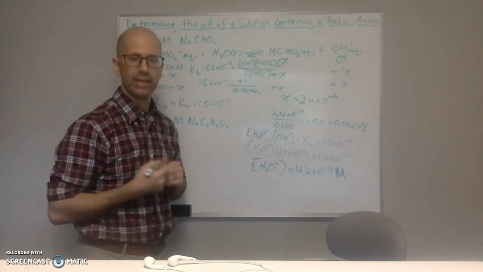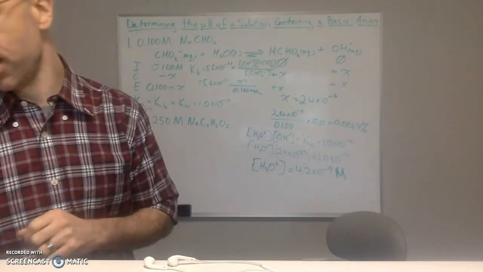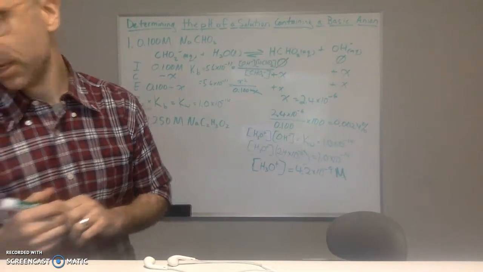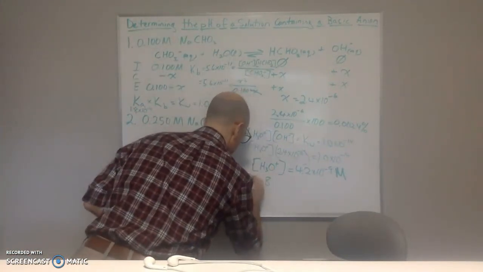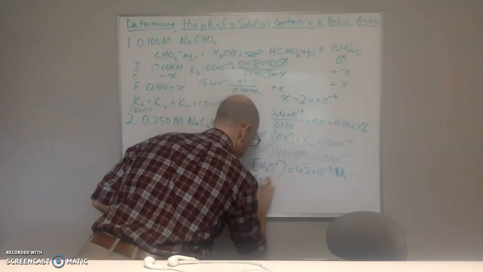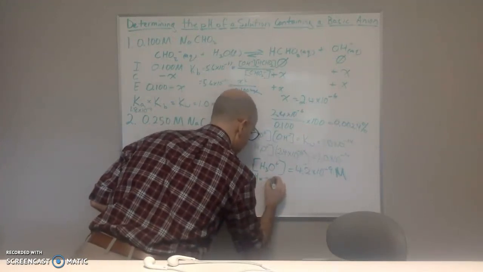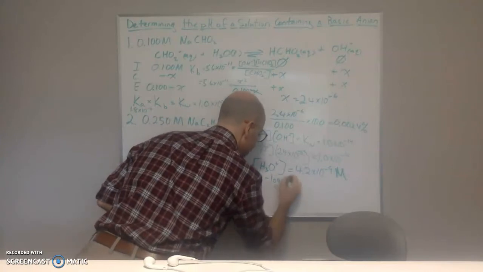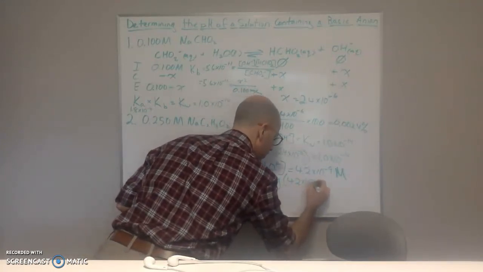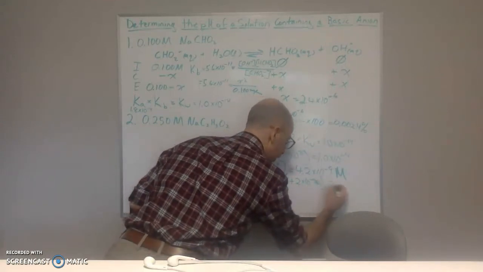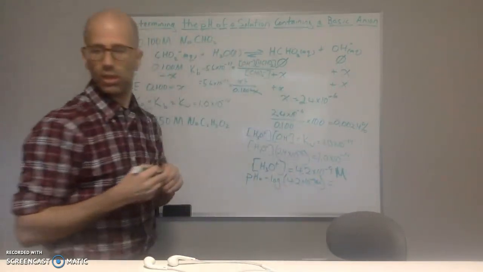And so when you take the negative log of this value, you get 8.38. So the pH is equal to the negative log of this number here, 4.2 times 10 to the negative 9 molar, and that gives you a pH of 8.38.